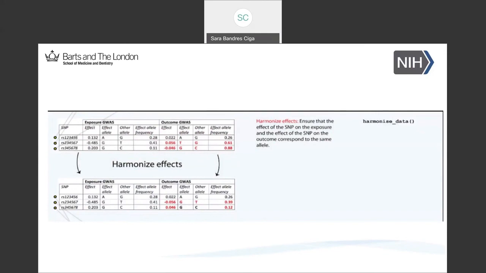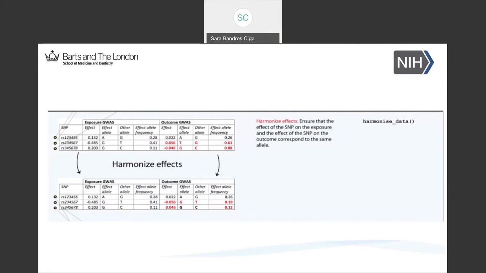For example, here in the exposure GWAS, for the second SNP, the effect allele is G, and the beta value is negative. While here in the outcome GWAS, the effect allele is T, and we see the effect, the beta value, is positive. So to infer causality, we have to make sure that we are referring to the same allele.